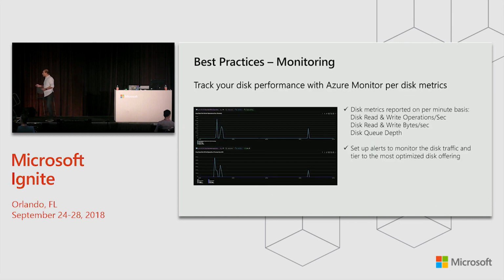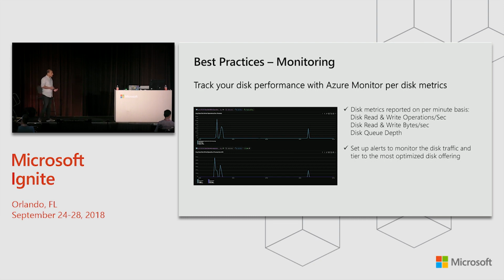Next I want to talk about a couple of best practices that will really help improve the performance of your IaaS workloads. One is monitoring. We talked about the I/O patterns for your workloads and how that affects your configuration choices. Sometimes you may not really know the workload requirements beforehand, and sometimes it can change over time as well.